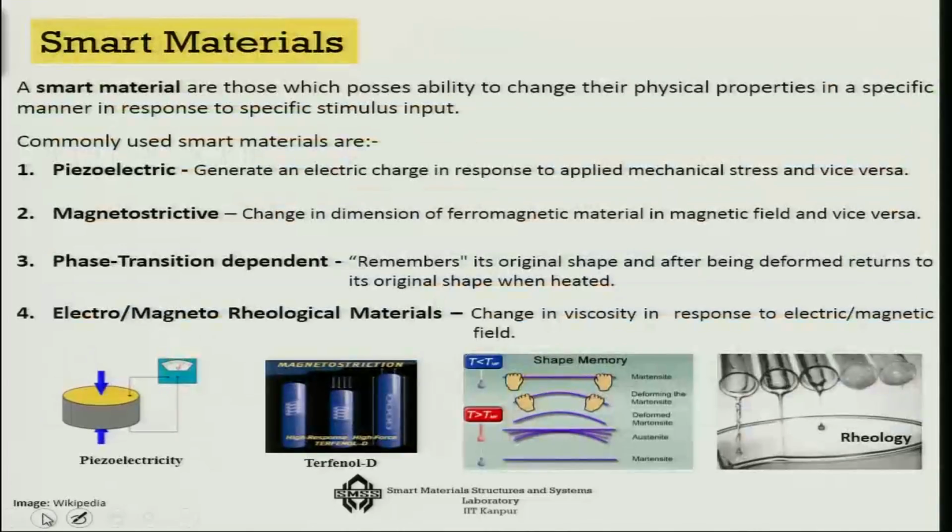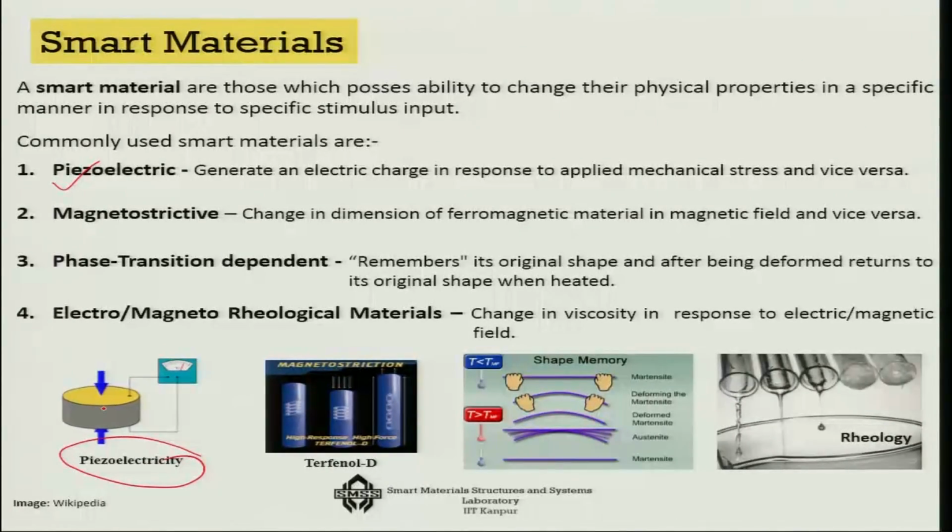Now, if I look at the smart materials which possess this ability to change their physical properties in a specific manner in response to a specific stimulus input, then commonly used materials are the piezoelectric materials, as you can see in this little animation. You are changing the electric field, which is generating the charges, and in response to that, the whole thing realigns itself, and as a result you are getting a mechanical deformation in the system.